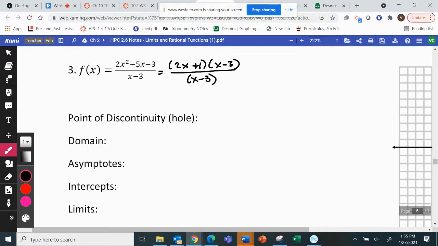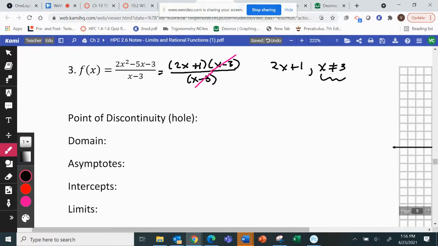And the reason why I'm factoring first is because for this to be a rational function, we can't have any common factors in the top and the bottom. But we do. So what do we do to them? We cancel them. Now, this is actually important, though, because it's 2x plus 1, but x cannot equal 3.